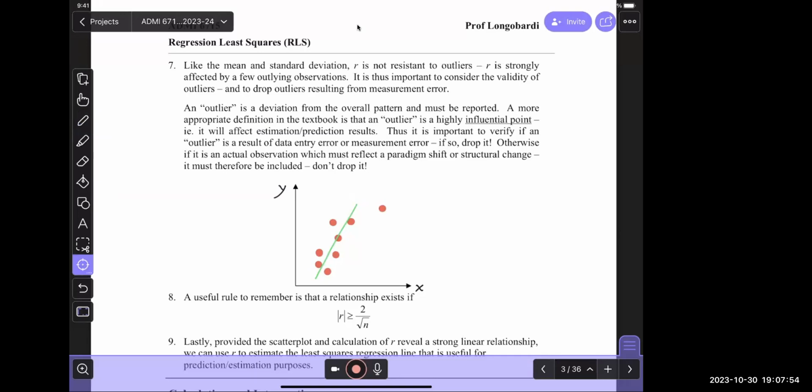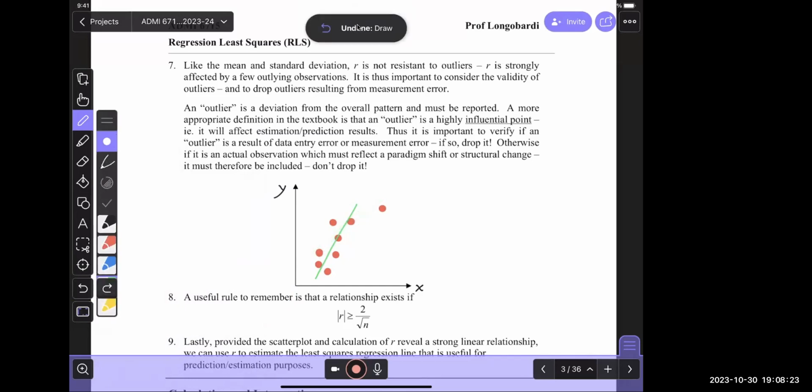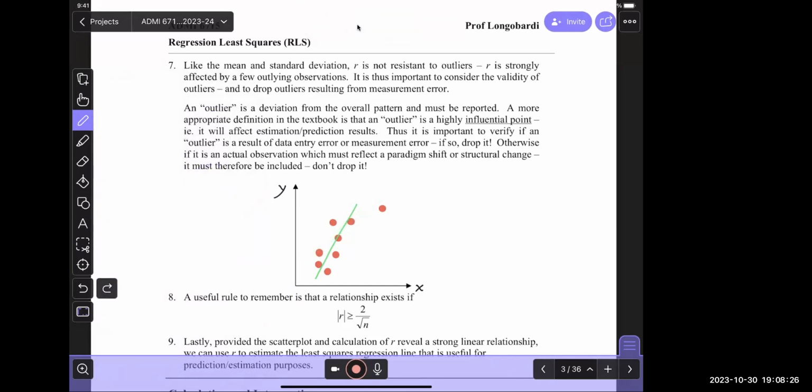So I'm introducing a new value and I'm re-estimating the line. What will happen to the line? The line will try to include that other point. The intercept, exactly. The line that tries to include the point will have a midpoint.